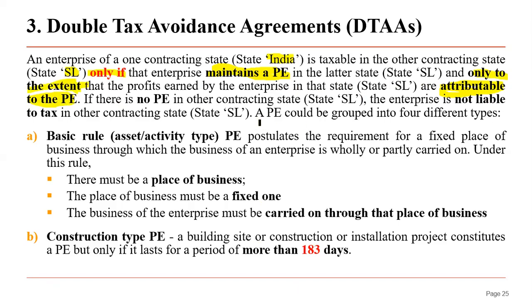Very important. If there is no PE in Sri Lanka, that enterprise is not liable to tax in Sri Lanka, right? This is very easy, no need to memorize hard. This is not a hard and fast rule. It is a very easy concept under the DTA provisions and the double tax avoidance agreement.